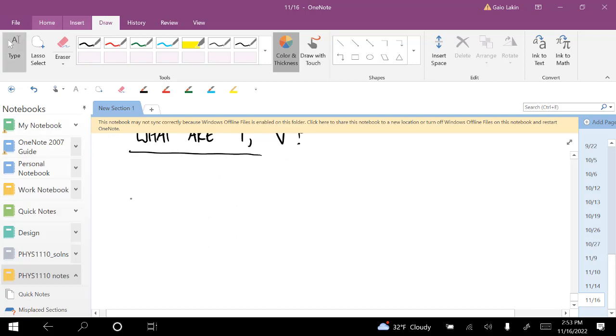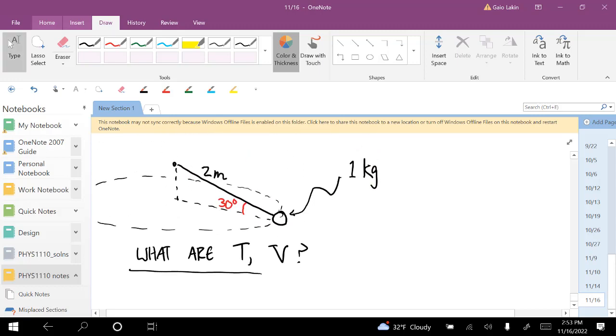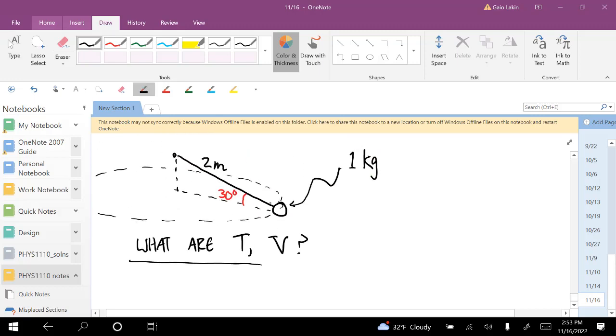So first, if you saw this on a test, you'd say, okay, this is moving in a horizontal circle, supported only by a cable, so that's a tetherball problem. So I'm going to take a view from the side.